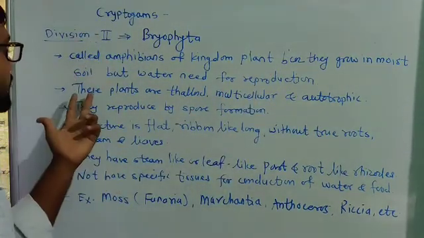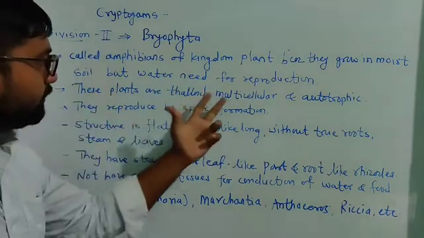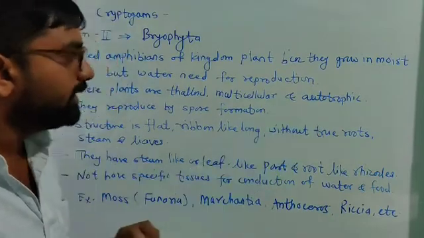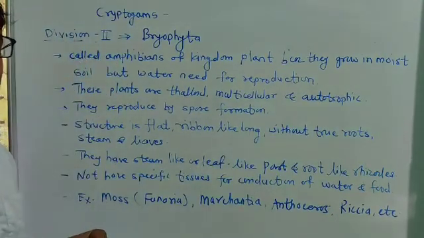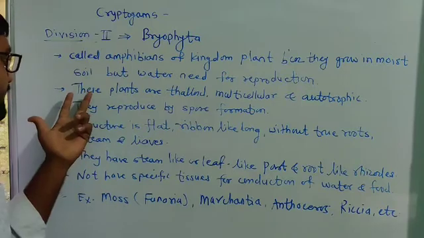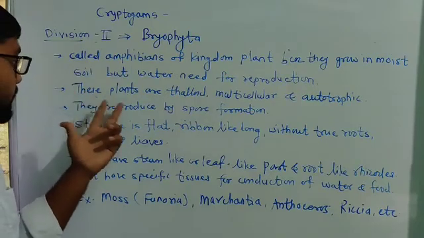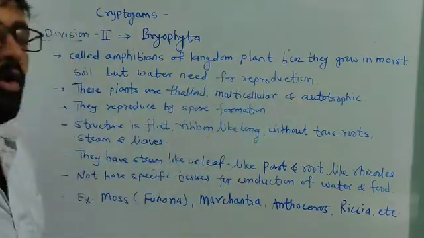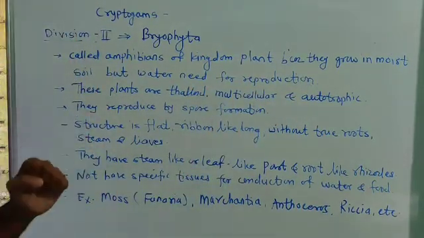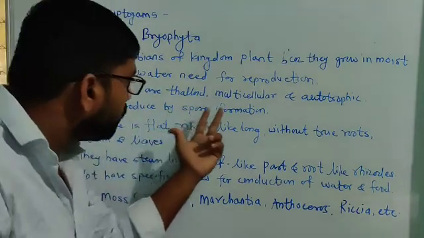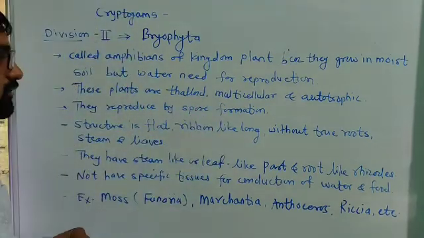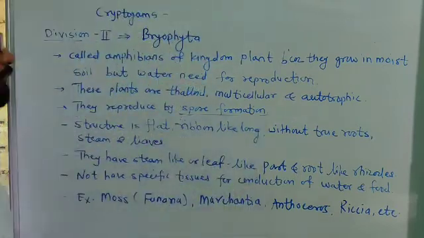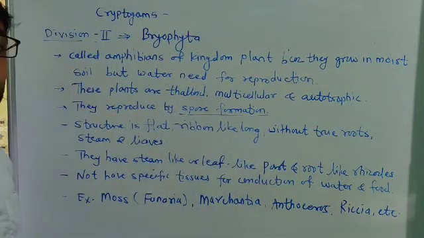Multicellular means many cells are there, and autotrophic means they produce their energy themselves. These are the characteristics that we also have to remember. Then they reproduce by spore formation, which is a type of asexual reproduction.